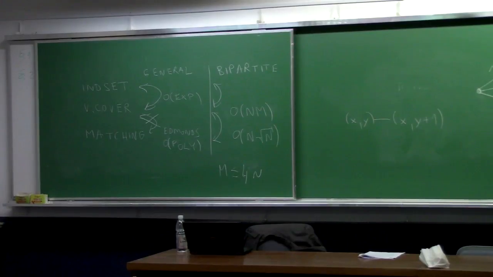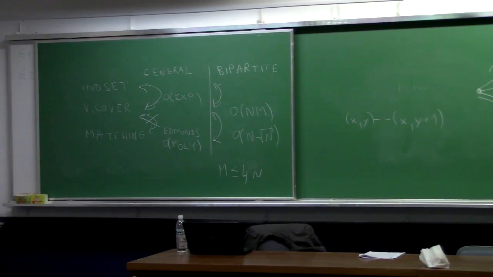Since the edges have only capacity 1, if we have some flow through one edge, then the next edge here. So from the source to the sink, we can always have only one unit of flow flowing to one black vertex, then from this black vertex to a white vertex, and from the white vertex to the sink.